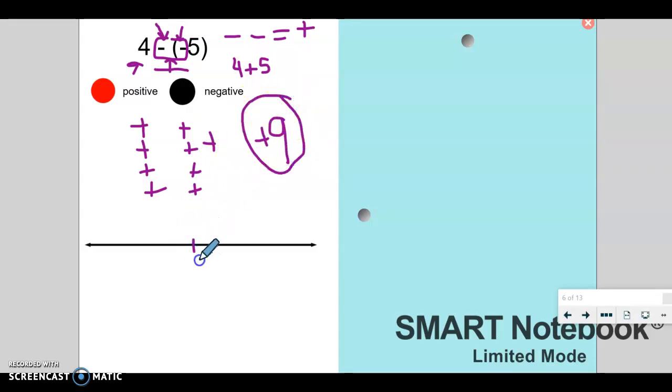If I do this on a number line, I'm going to start at 0, go to 4, 1, 2, 3, 4. And then I'm not going left 5 because this 5 is negative. Notice that I have 2 negatives. So I have minus -5, which is going to do the opposite of -5. So I'm going to add 5 more. 1, 2, 3, 4, 5, and you get 9.